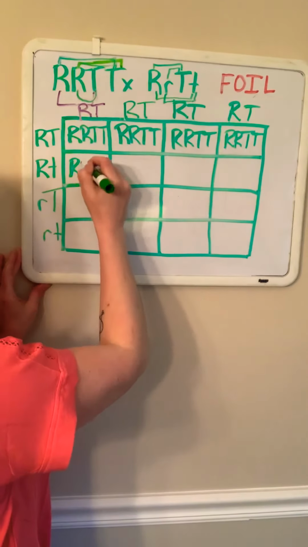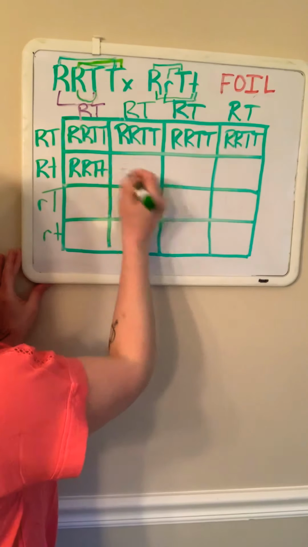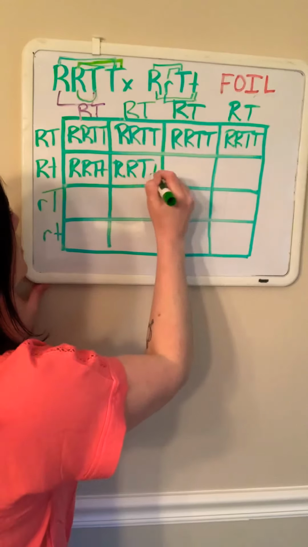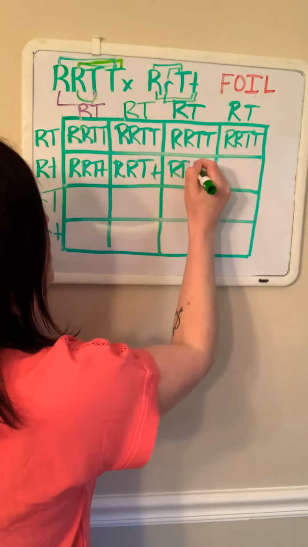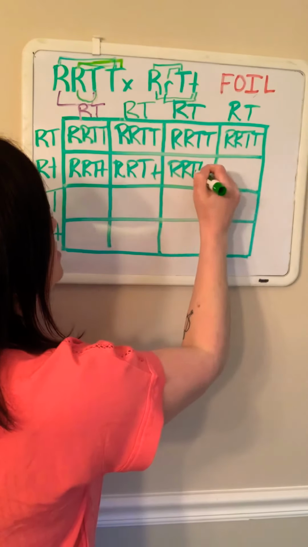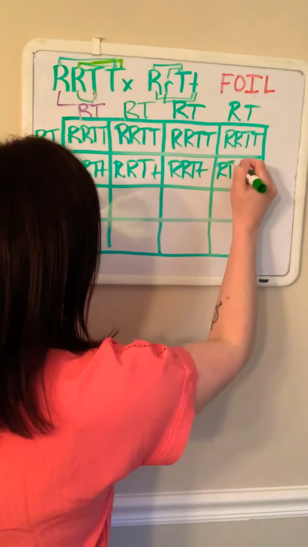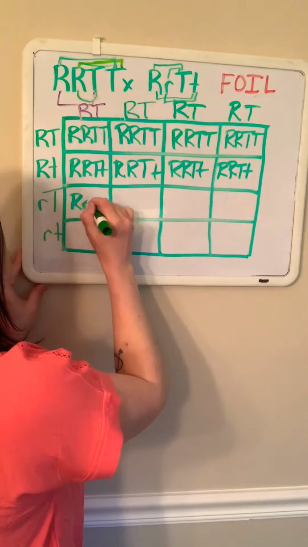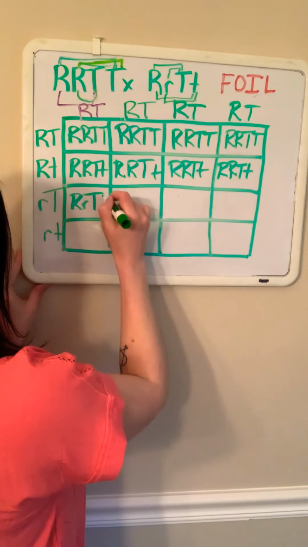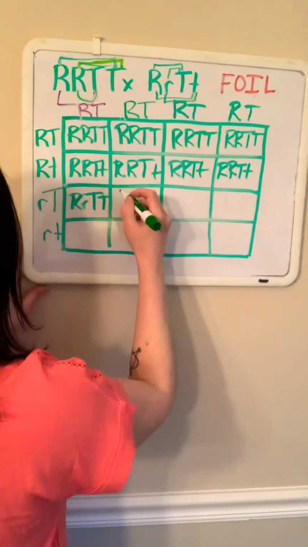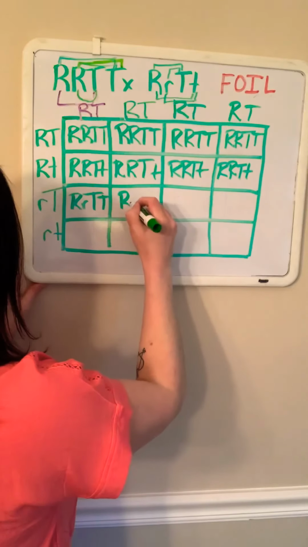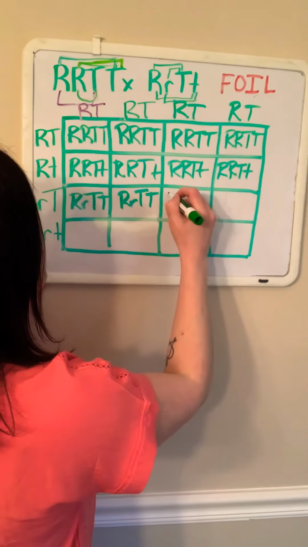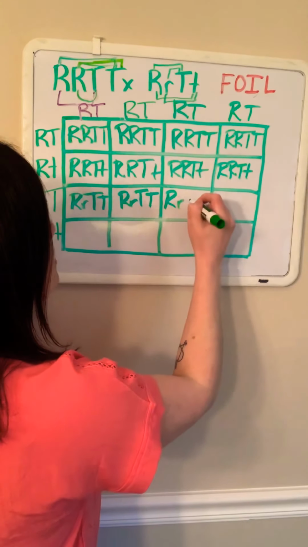How about this one? Capital R, big T, lowercase t, capital R, big T, little t. We do have a little bit of a trend going with this Punnett square for sure. Most people like this because it's very visual, but it does take more time than the forked line method.